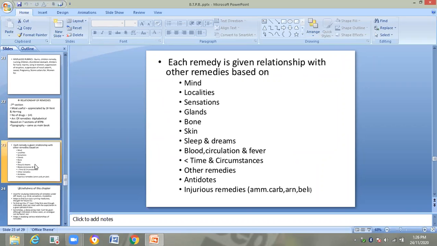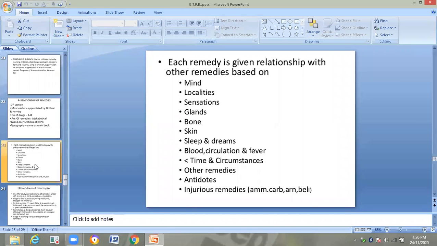Each remedy is given relationship with other remedies based on mind, localities, sensations, glands, bone, skin, sleep and dreams, blood, circulation and fever, aggravated by time and circumstances, other remedies, antidotes, injurious remedies, for example ammonium carb, arnica, belladonna.